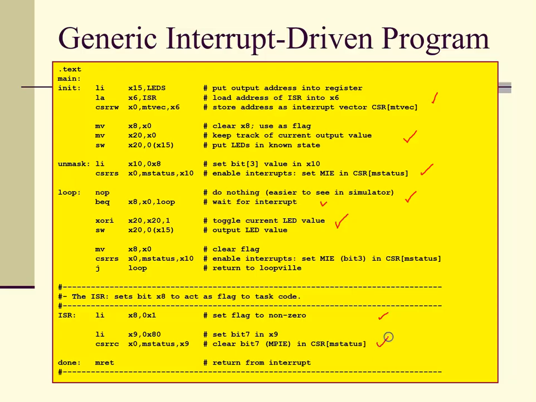Also in the interrupt, I am going to clear MPIE, which ensures that I can return from the interrupt to interrupts disabled, which is not really specified in this problem, but I don't really want to get another interrupt until I write the LEDs. So I get all that done, and I do some busy work on this thing. I clear the flag, re-enable the interrupts, and then go back to the beginning.